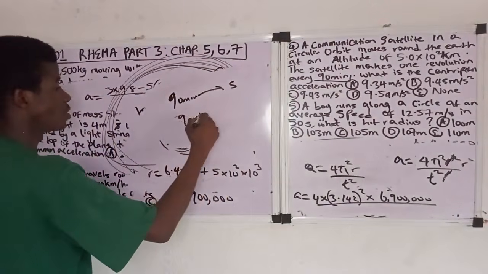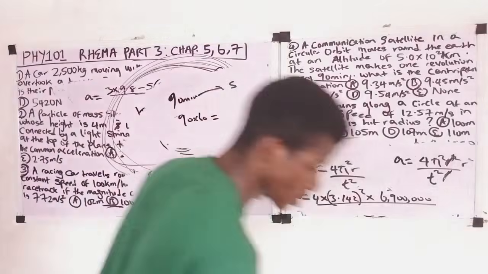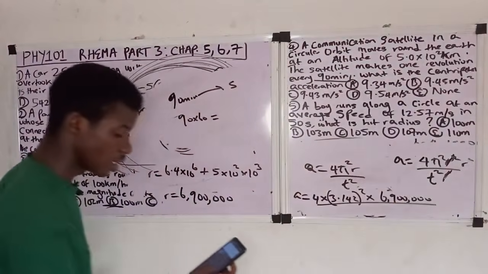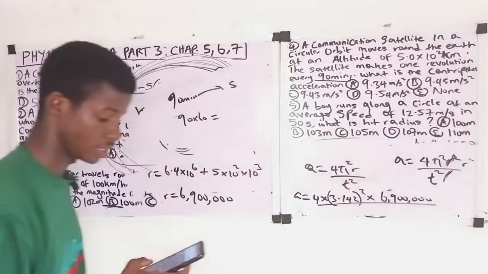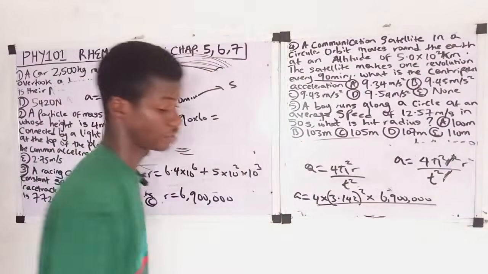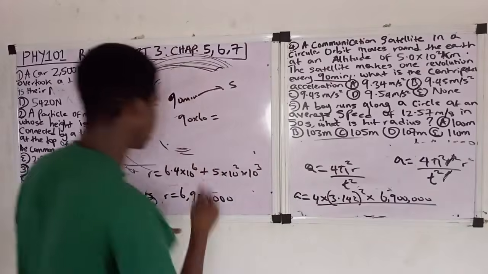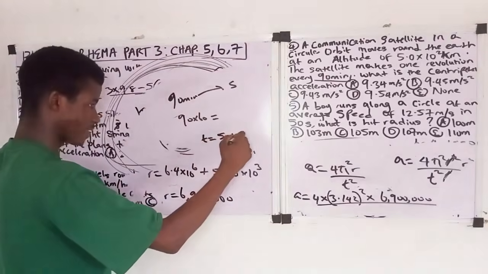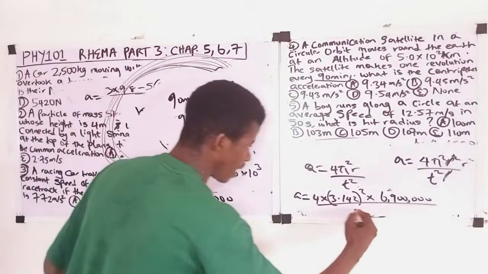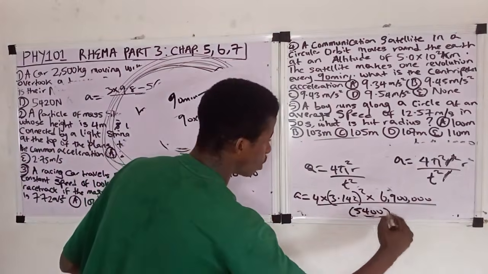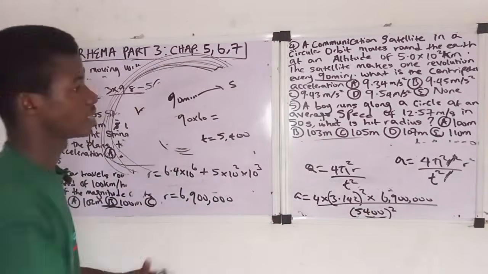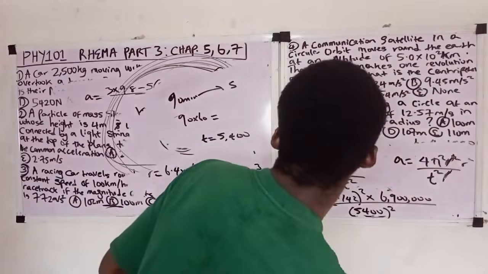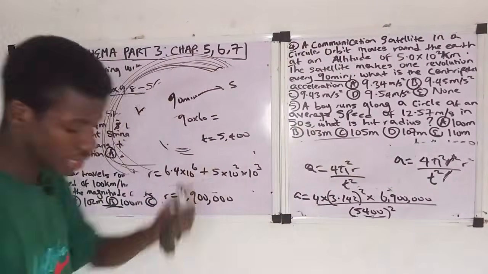So 90 times 60 will give us what? 90 times 60 is 5,400. So our time is 5,400 seconds. Put it here, 5,400 seconds all squared, right? So let's do everything together.